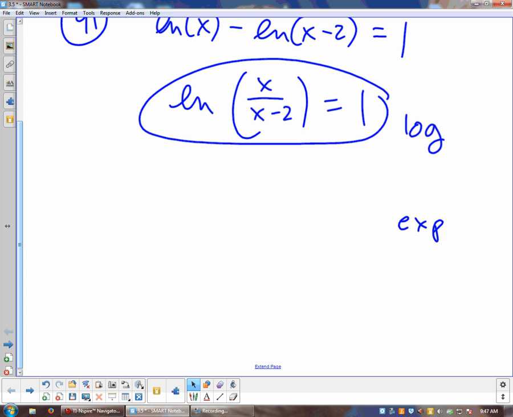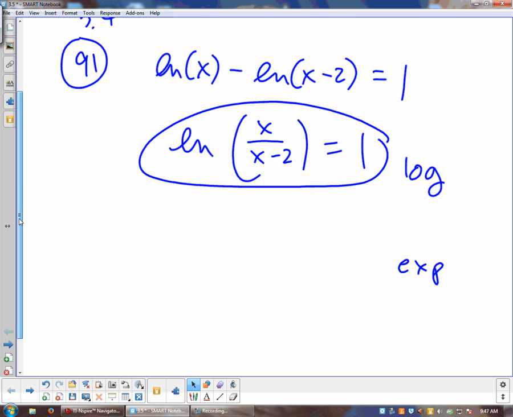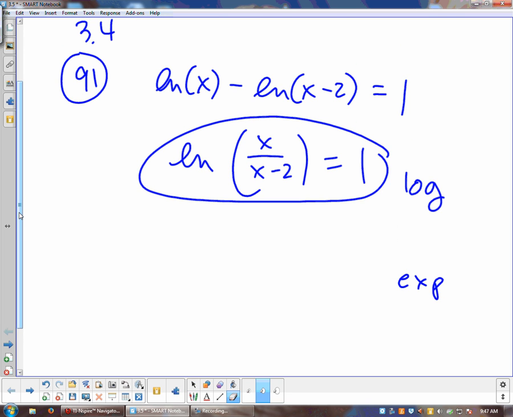Oh, well, that changes everything, Billy. All right, so this is supposed to be a plus right there, but that's still a minus. That is going to change things. So this is a plus. That means we need to use the product rule, not the quotient rule. So this is going to be x times x minus 2. Thank you, Billy, for being quality control today.